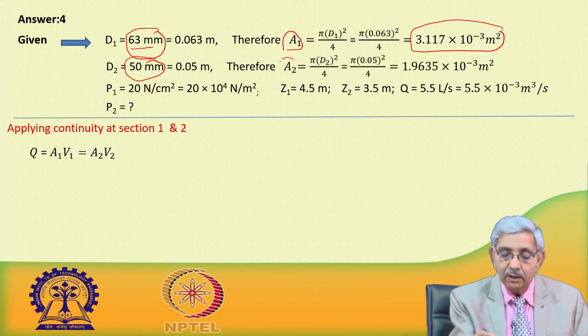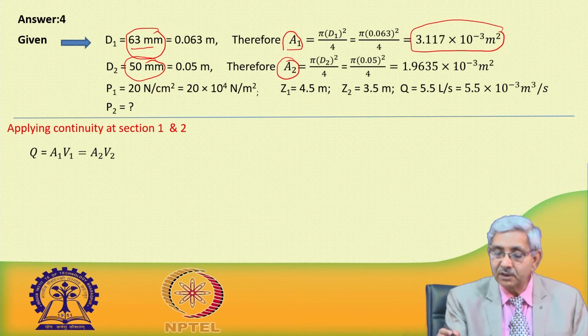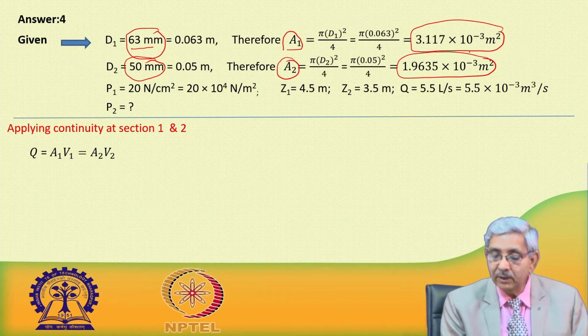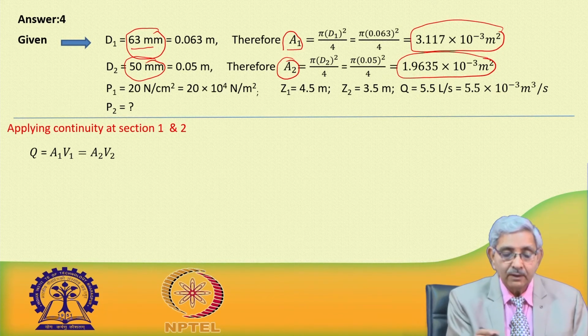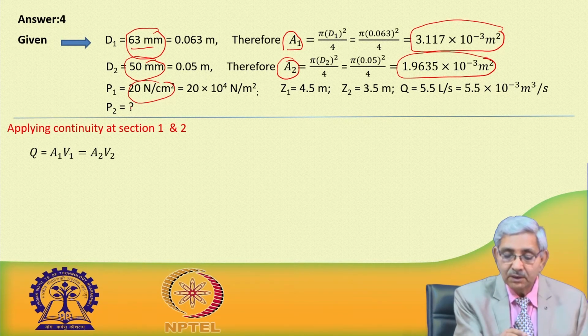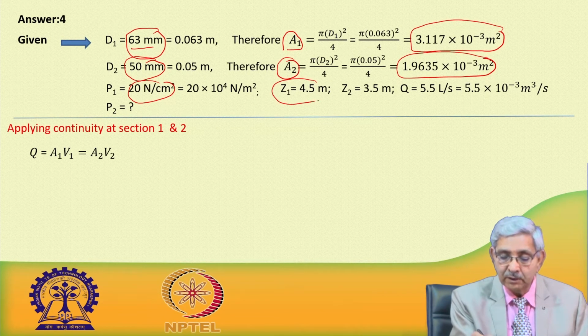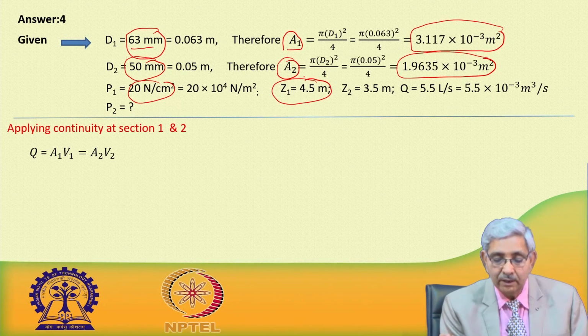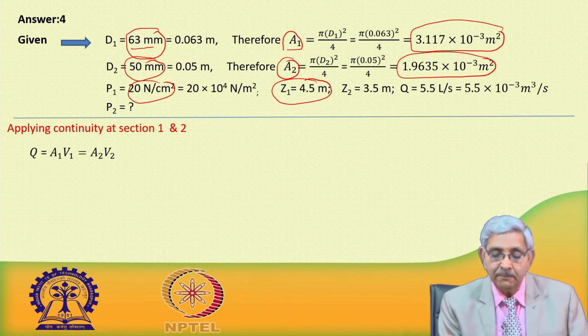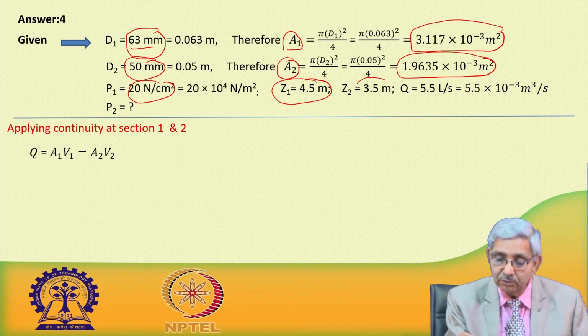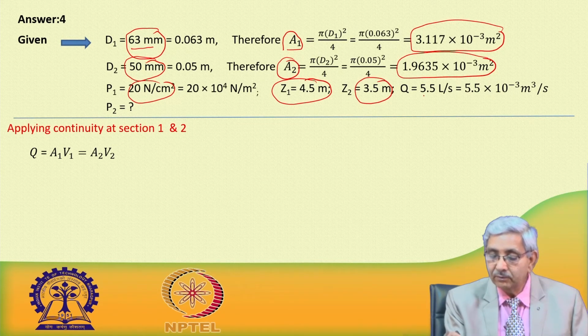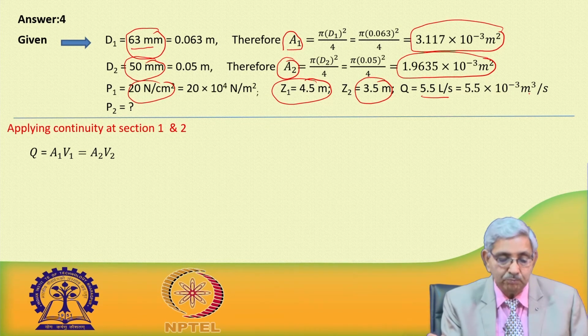Similarly, for the area of cross section of flow in pipe 2, we worked out 1.9635 into 10 to power minus 3 meter square. We are given elevation heads, Z1 equal to 4.5 meter and Z2 equal to 3.5 meter. Flow is given, and we have converted it from liter per second to meter cube per second.